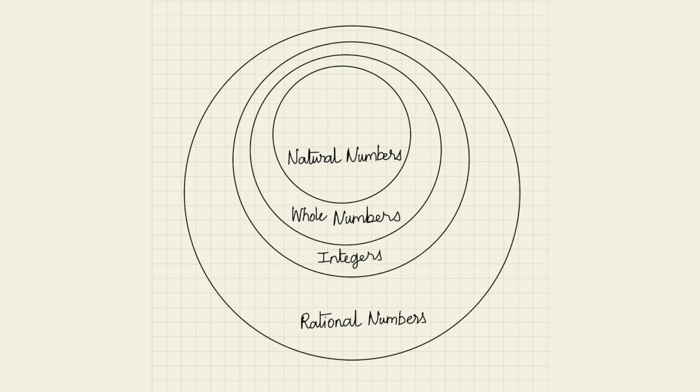So natural numbers when added with 0 give you whole numbers. Whole numbers when added with negative counterparts give you integers. Integers, if you add fractional numbers as well, you get rational numbers. So rational numbers is a collection of all these things. I hope these things are clear for you now.